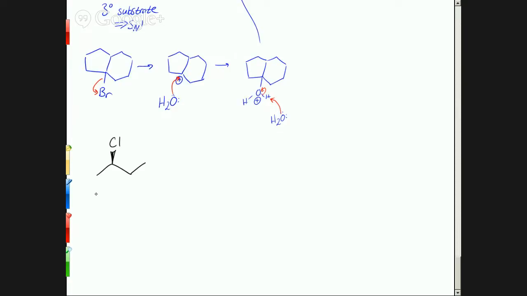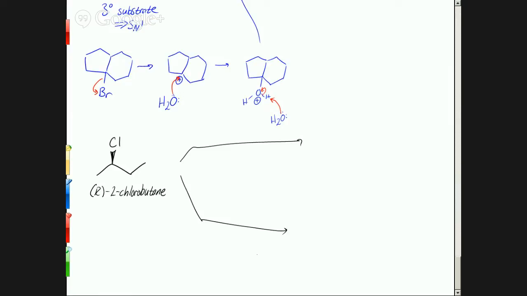In fact, this is R-2-chlorobutane. And we're going to do two different reactions with that, with similar reagents, figure out which one is which mechanism and why that's important.